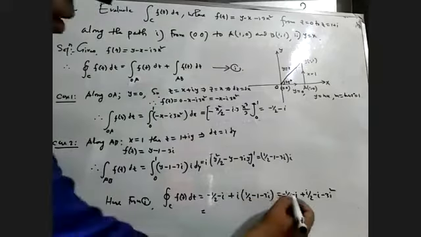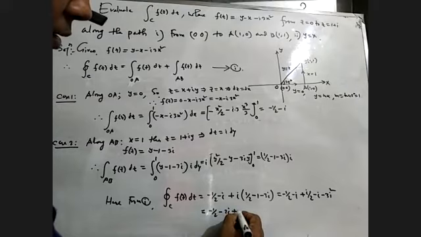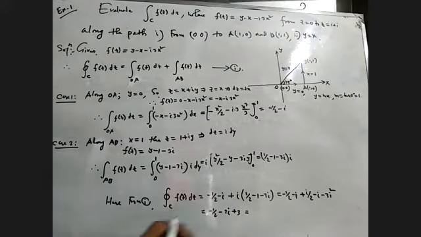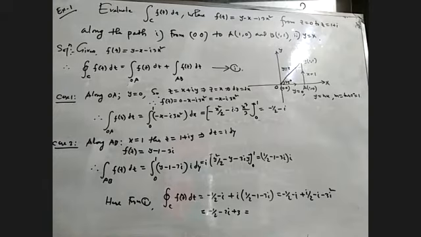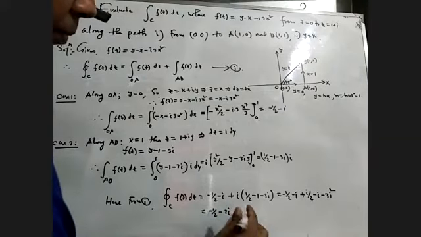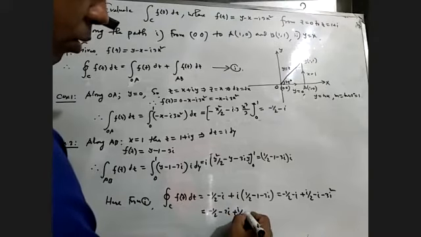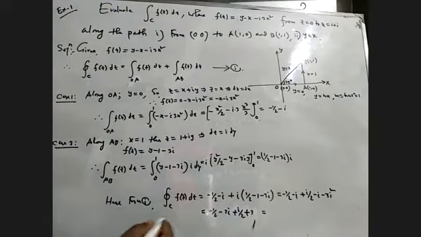So minus half minus twice i plus 3. 3 minus half, what? 3 minus half is 5 by 2, plus i by 2 plus thrice i. i square equals to minus 1.